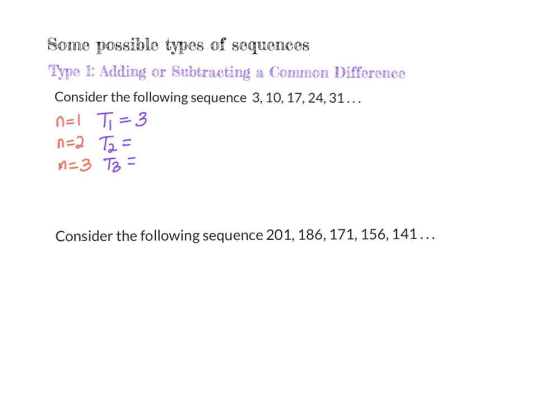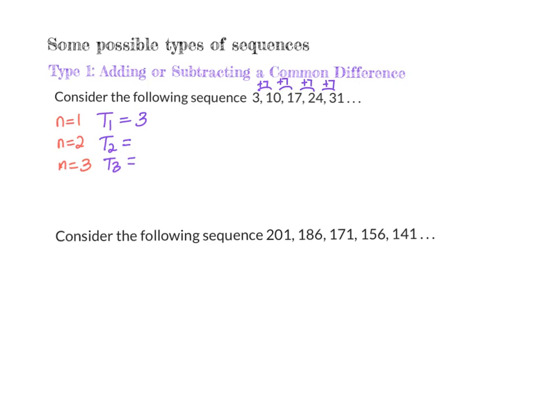What do you think is the pattern? From 3, how do we get to the number 10? We can add a 7. And then from 10, we are still going to add 7 to get 17. And then another 7 to get 24. And 7 to get 31, so on and so forth.